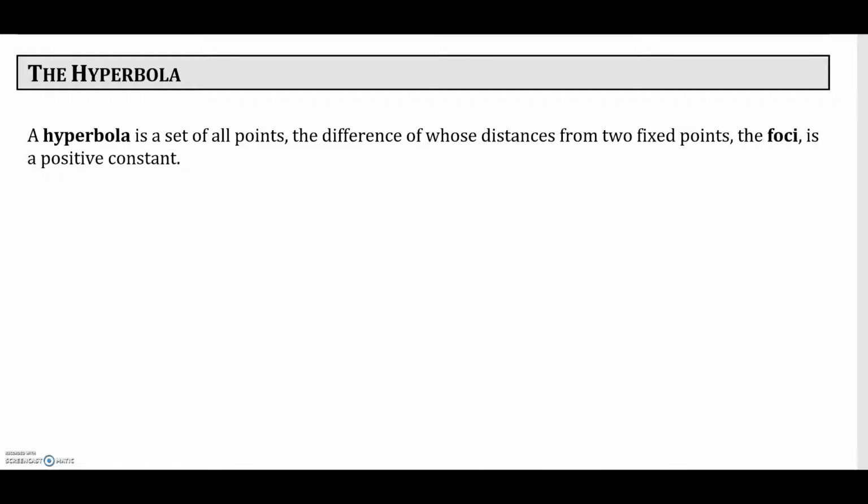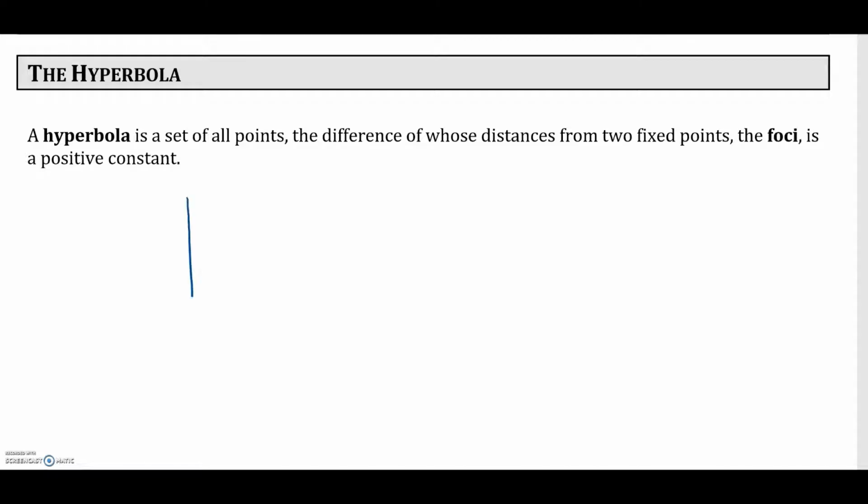This is very similar to the way that we form an ellipse, except for the ellipse considered the sum of distances, whereas here we have the difference, or we must subtract the distances. It is worth noting that the hyperbola can open up or down, or left or right.